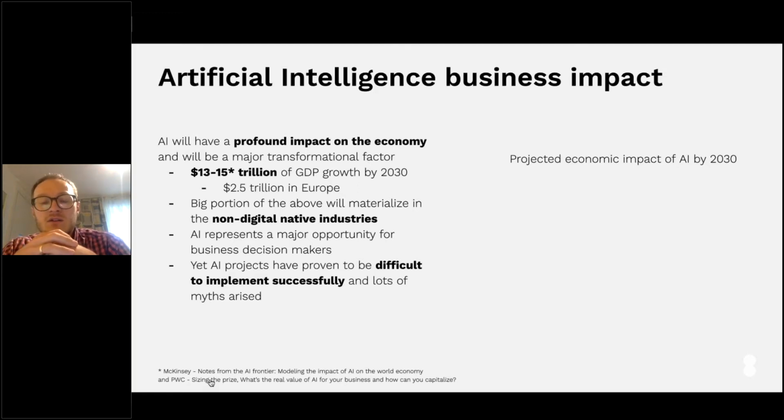So, depending on the different studies by McKinsey and PwC, the estimated business impact of AI by 2020 equals to about 13 to 15 trillion dollars of the GDP growth. A big portion of that, around 2.5 trillion, is actually accounted here in Europe.